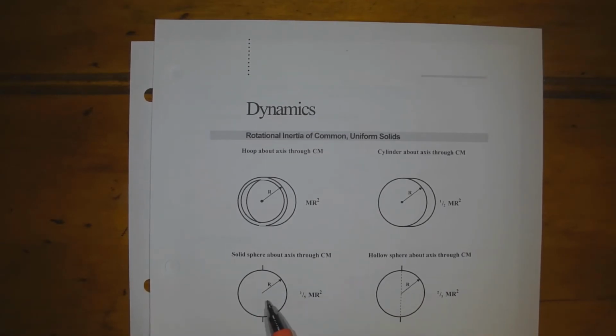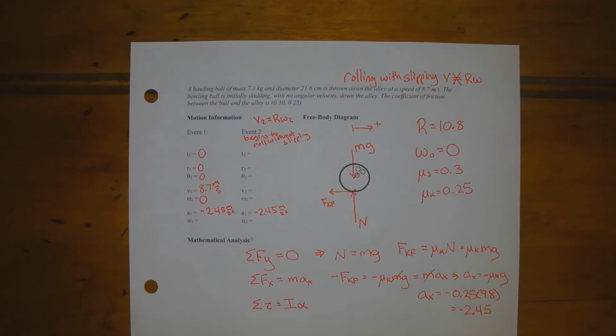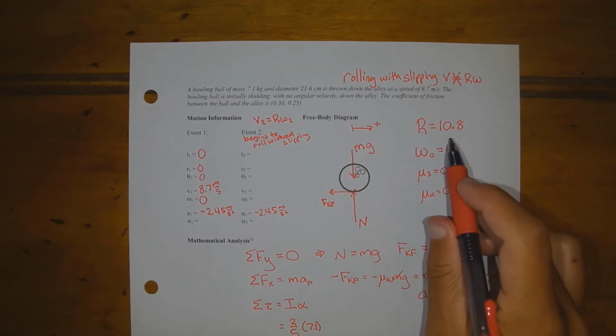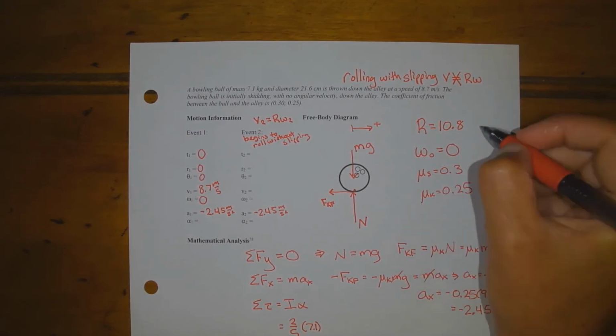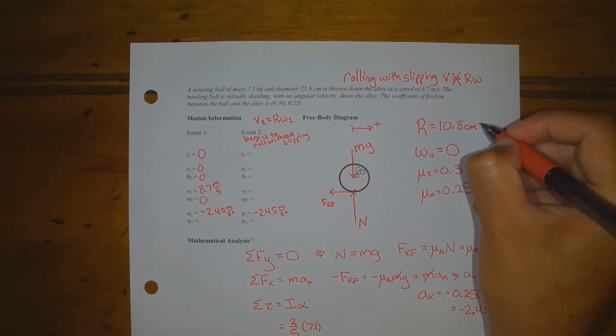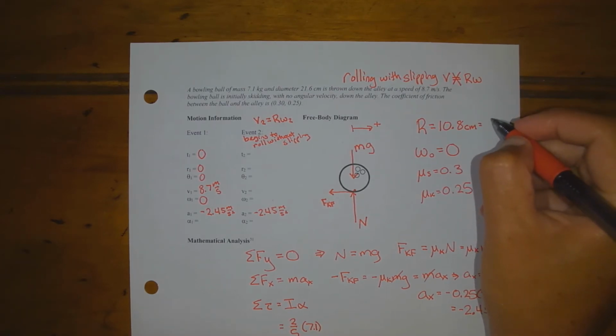And so from page 60 we get the moment of inertia for an axis going through the mass center is 2/5 mr squared. So I is equal to 2/5. The mass of the bowling ball is 7.1. And the radius is 10.8 centimeters. I don't want to use centimeters, I want to use meters.